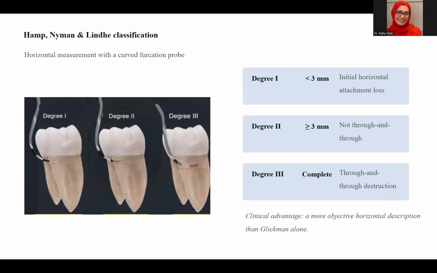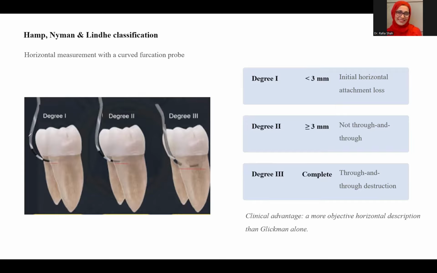So we need some objective classification with proper measurement. They also said Glickman couldn't define how much penetration of the probe there is in the horizontal direction. He said through and through, cul-de-sac, initial lesion and all. So they added a few more things to it.